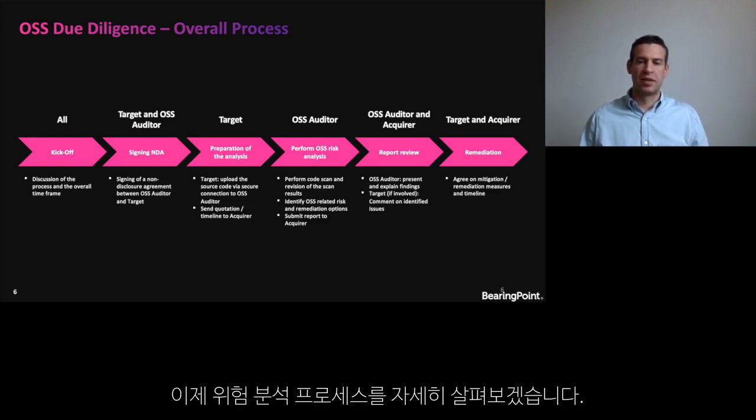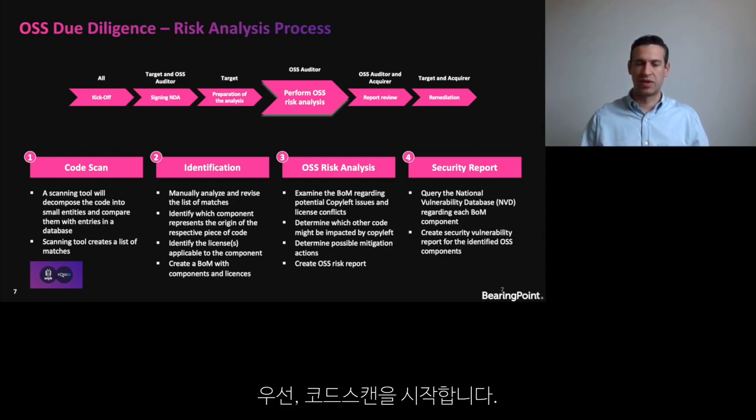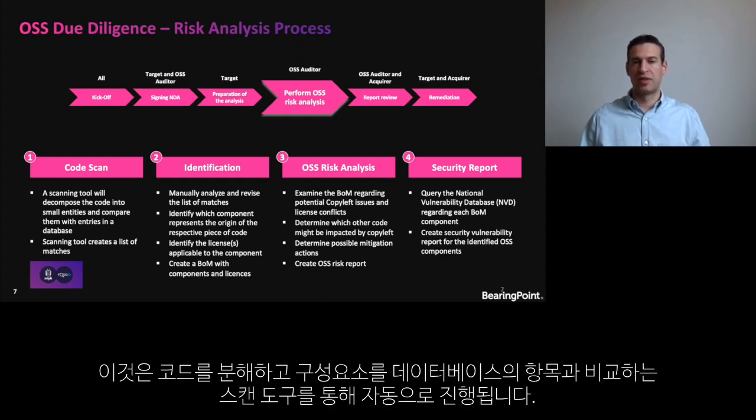Let's take a little bit deeper look at the risk analysis process within the due diligence. This can be split into 4 steps, and it starts with the code scan. This process step is usually done automatically with a scanning tool.